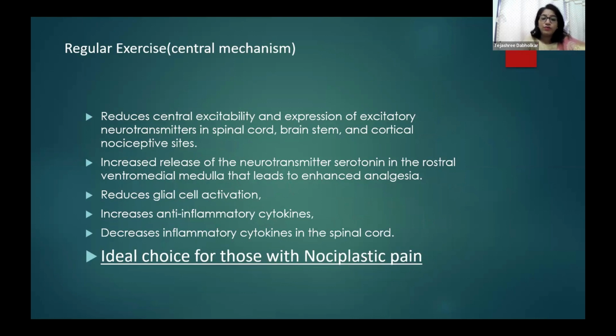So it is an ideal choice for those with nociplastic pain, where we say that there is more excitability and less inhibition. So that is why we prescribe aerobic exercises or regular exercise. So very essential. In upper quadrant pain, even though pain is there, certain exercises should be done. Why they should be done is because of this reason.